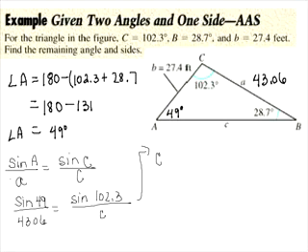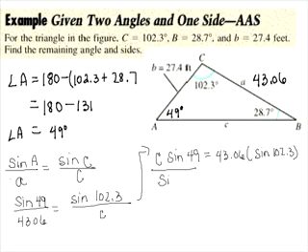So cross multiplying, we're going to have C times the sine of 49 equals 43.06 times the sine of 102.3. We're going to need to divide each side by the sine of 49 to find C, to get C by itself.